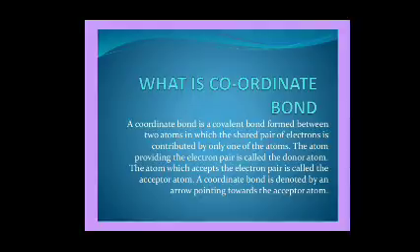The properties of coordinate covalent compounds are intermediate between ionic compounds and covalent compounds.